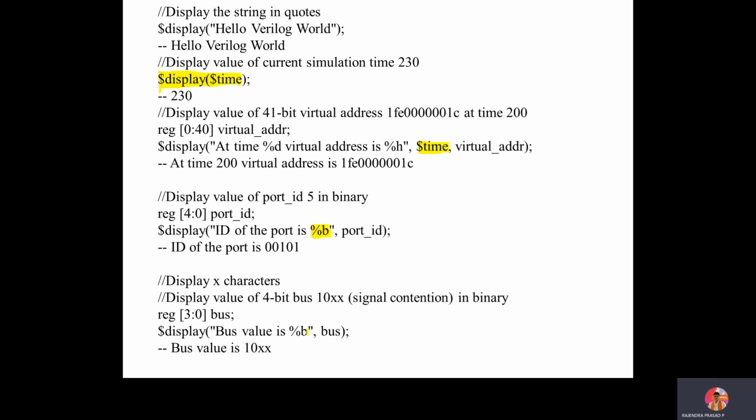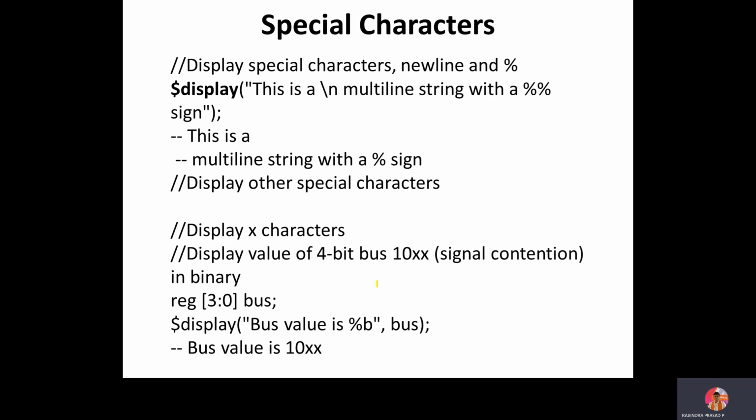Next, if I want to display a special character, you use the same dollar display. This is a new line, multi-line. This is the next line. It will be a multi-string with a percent sign. Percent sign displays the special characters.